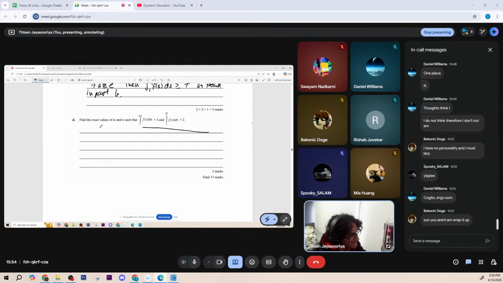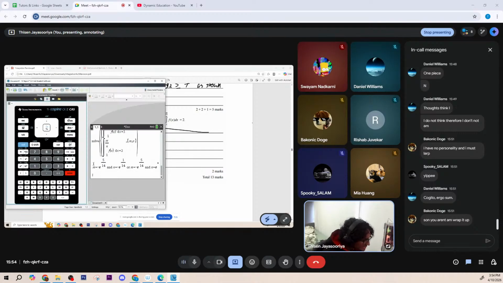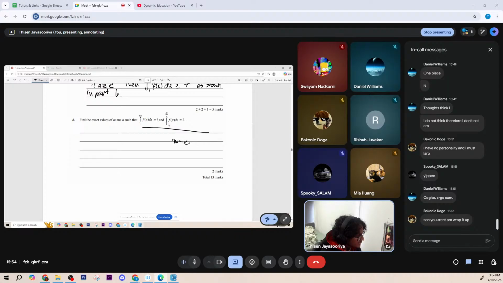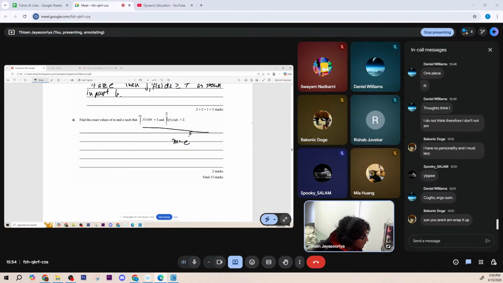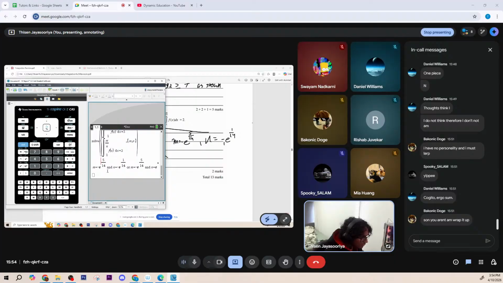So it says here, find the exact values for m and n. So here we literally write down m equals negative e to the power of 5 over 14, n equals negative e to the 1 over 14, or, if we go across, I'll just click Control Enter. Oh, there's so many solutions.